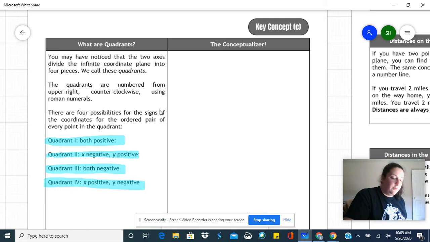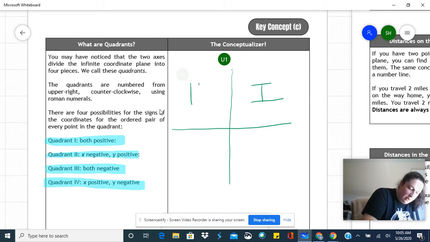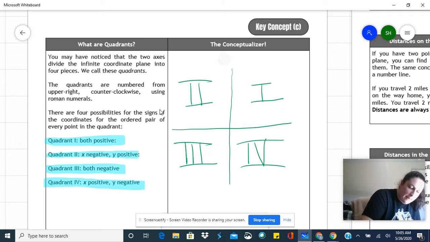Okay? So just as a reminder, I'm going to draw you another picture of your quadrants. So here's your axis. You have quadrant 1, quadrant 2, quadrant 3, and quadrant 4. Both positive.